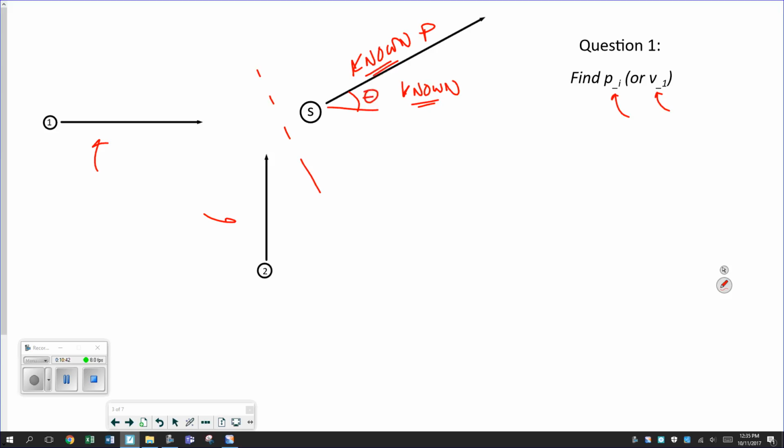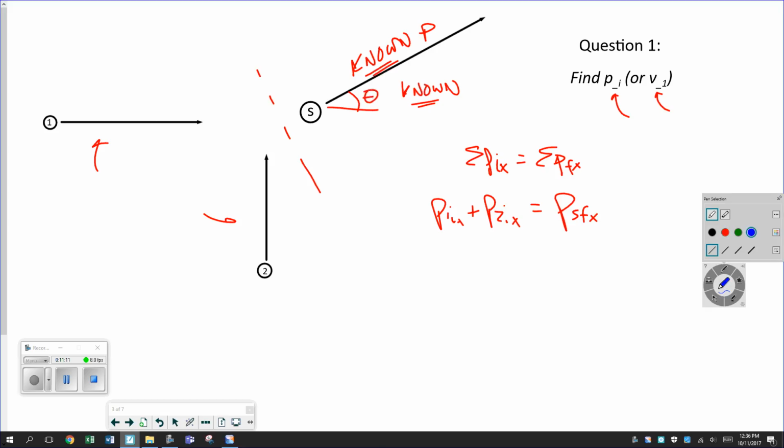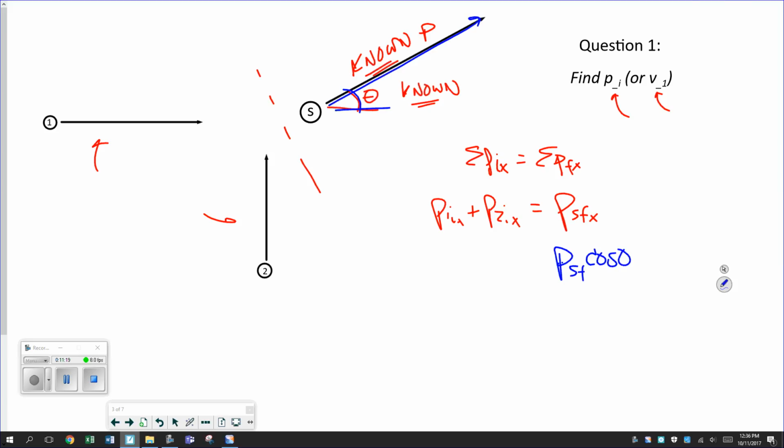If you know what that whole vector is and what that angle is, then you can find the parts using the trig. So you say net P initial X is net P final X, so P1 initial X plus P2 initial X is P system final X. If you're told what this is and what that angle is, you find it by doing P system final times the cosine of the angle, because you know this and you know this.